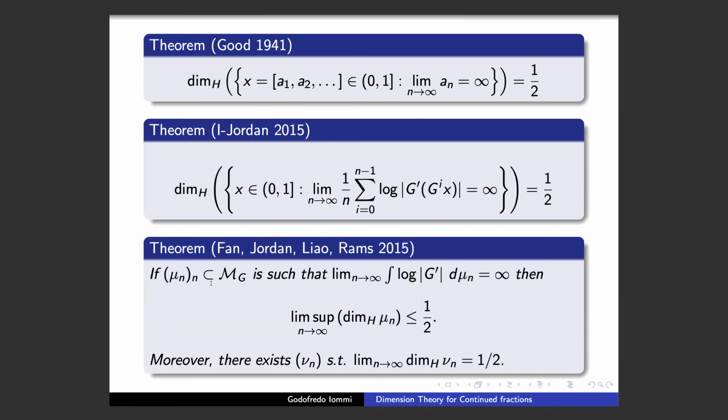So basically, a way of thinking of this is that you're looking at a sequence of invariant measures somehow escaping the system, and what you are bounding here is the amount of Hausdorff dimension that they are taking with them towards infinity.